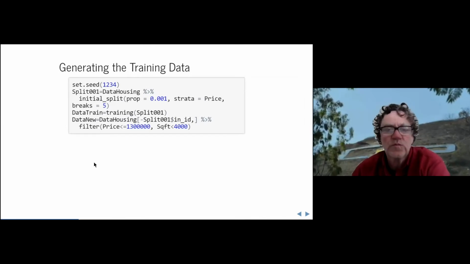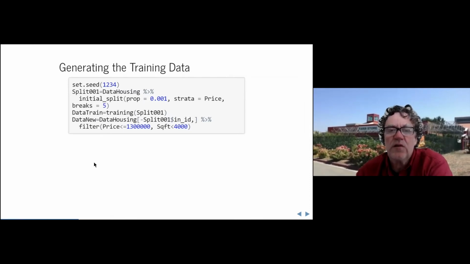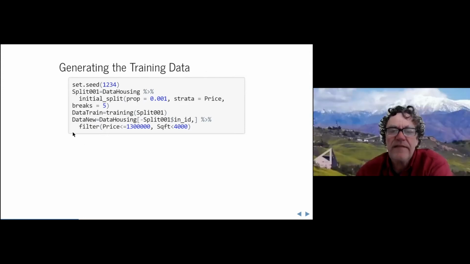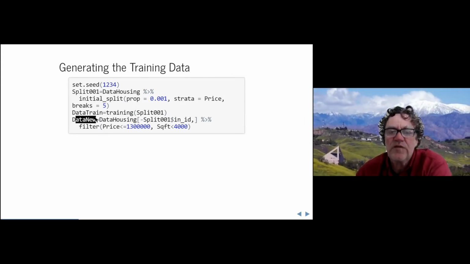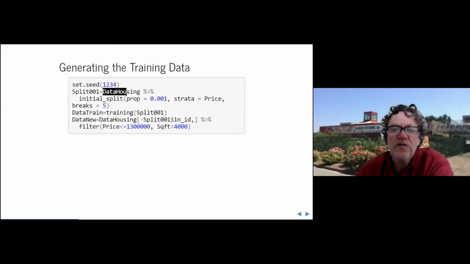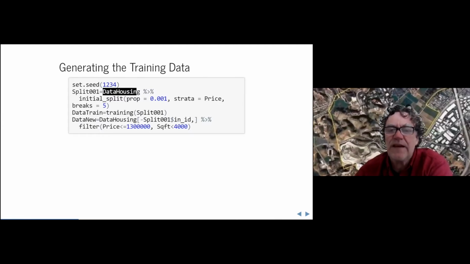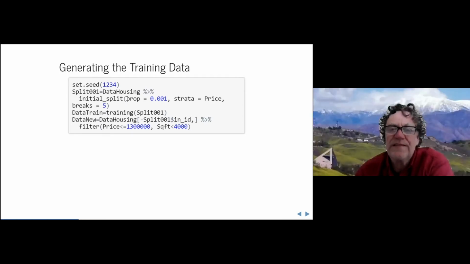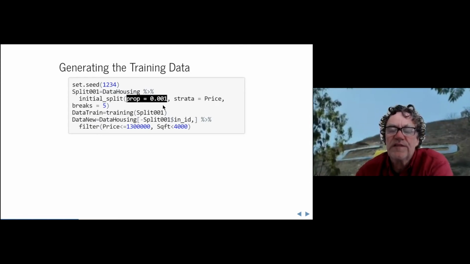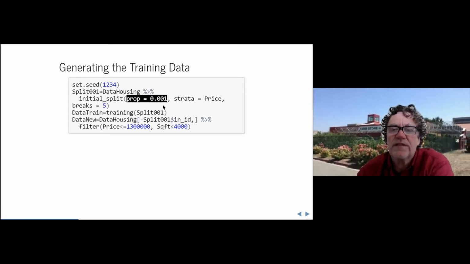Here's the code. Our about 20,000 records are split into training records and into the data we want to use later to assess the quality. Here's a command. We use data housing, push it to the command initial split, and I will come back to that command later on. But you can here already see that the proportion is set to 0.001, and that results in that we only have 25 records in the training data set.